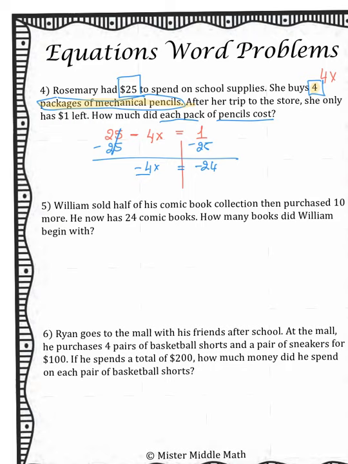So I need to divide both sides by negative 4. Make sure you divide by negative 4, because this is negative 4. So your x, after you divide by negative 4 on both sides, you get $6 for one package of pencils.